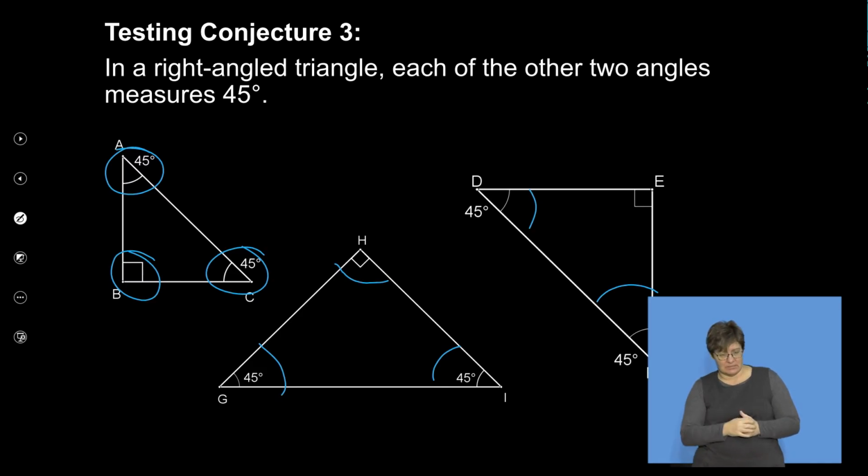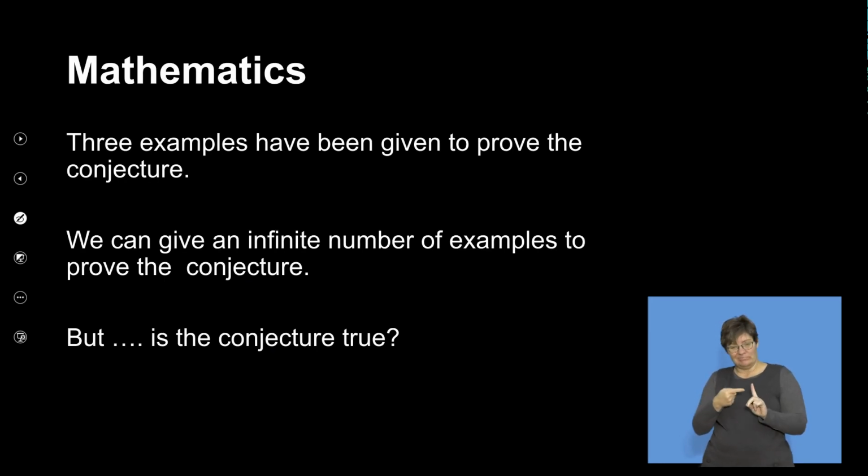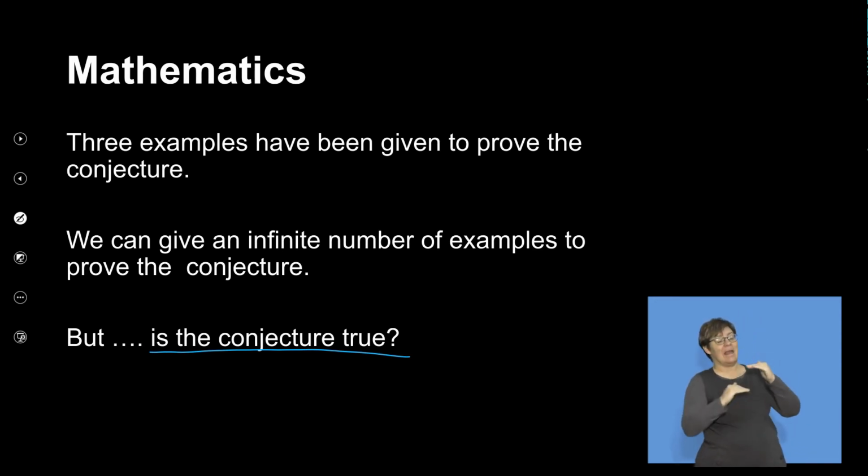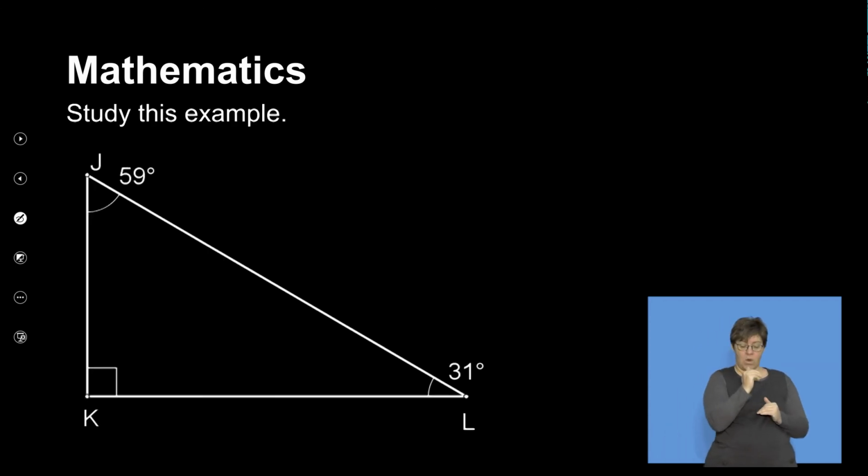So that's what we are trying to say here. Now, we can give an infinite number of examples to try and prove this conjecture. But is it always true? That's what I want you to think about. And I just showed you that even if we adjust 0.1 less and 0.1 more with the two angles, they will still give us 180 degrees.